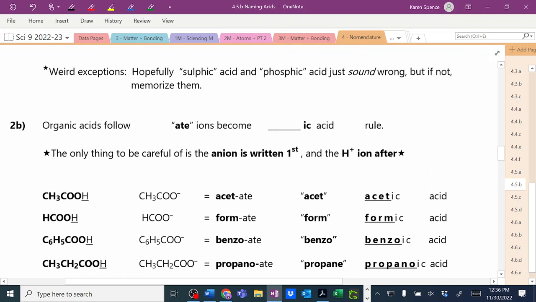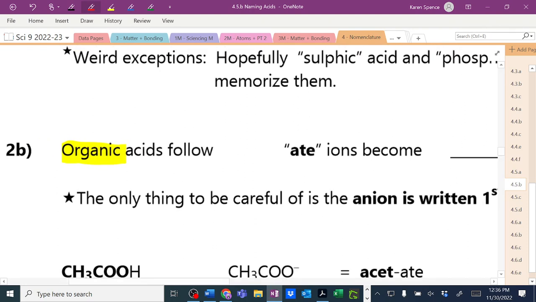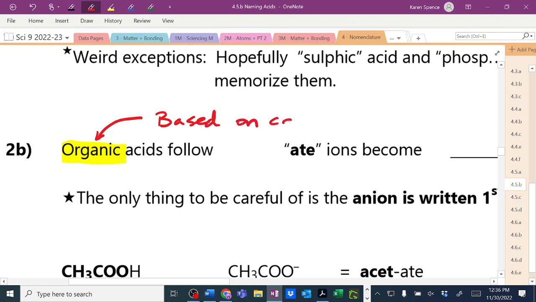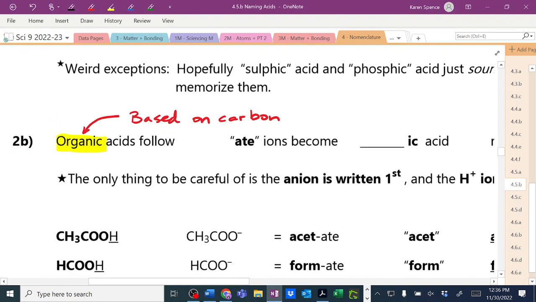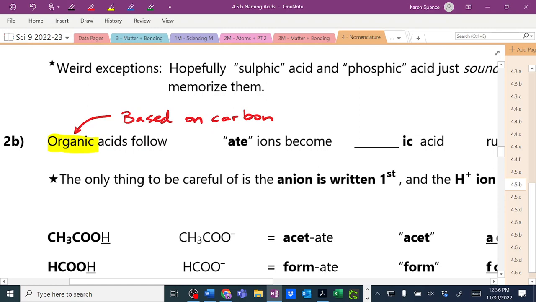Now, we need to talk about organic acids because organic acids are kind of funny. Organic compounds, do you guys know what organic compounds are based on? Carbon. So organic is based on carbon. And still, there's nothing different about naming them. The ate ions still become ic acids.